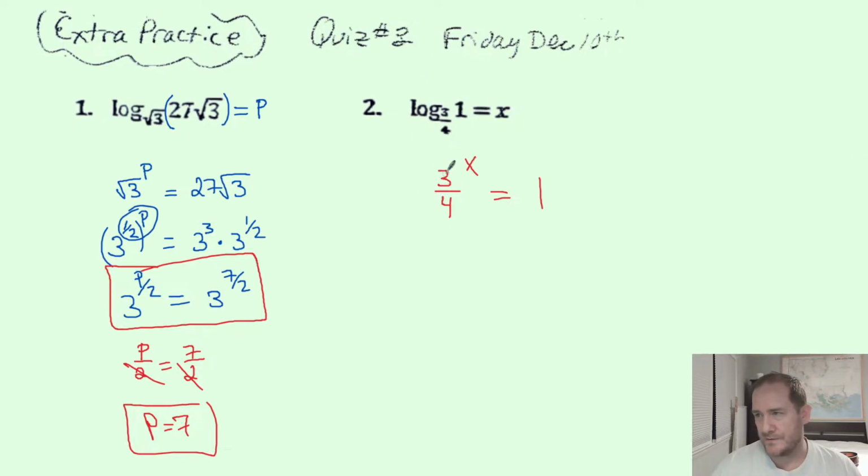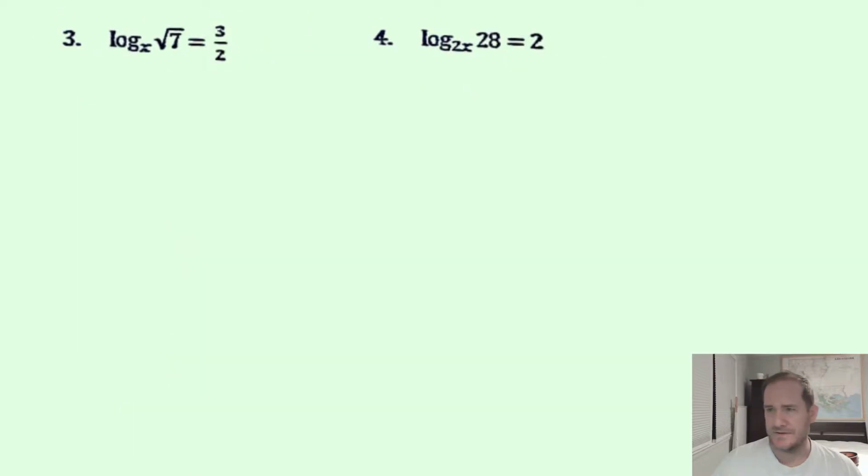What power of 3/4 is 1? Well, what power of anything is 1? It's always 0. So this was a log we should have been able to evaluate just by looking at it. We're supposed to know that log base anything of 1 is always 0, because it's the 0 power that turns things into 1. So number 2 was easy.